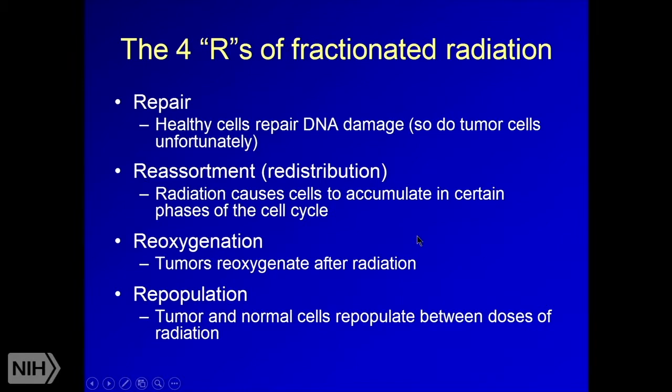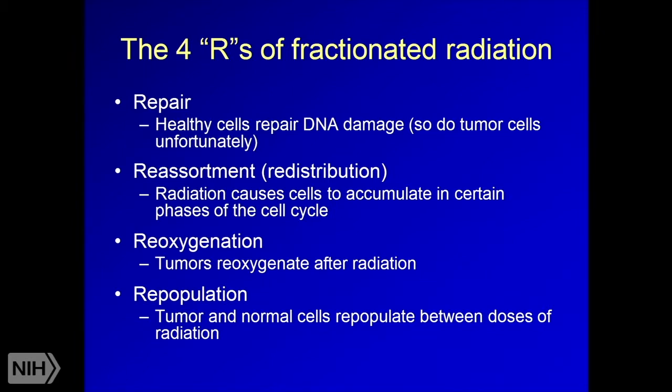When it comes to radiation biology, we talk about the 4 R's of fractionated radiation, which are repair, reassortment or redistribution, reoxygenation, and repopulation. So when we talk about repair, healthy cells are actually able to repair DNA damage, although some tumor cells can also do that in real time as well. When we look at reassortment, we know that radiation actually causes cells to accumulate in certain phases of the cell cycle, and certain phases of the cell cycle are actually more susceptible to radiation damage.